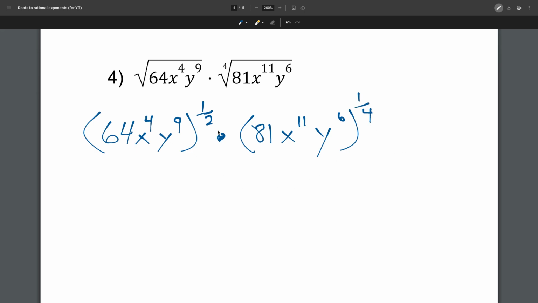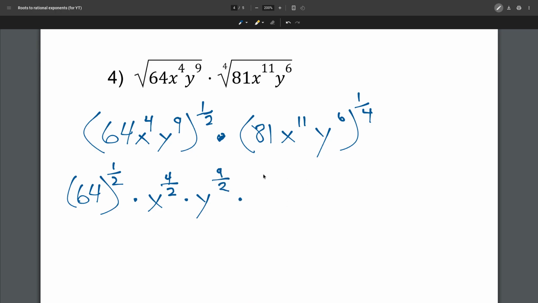Okay, so first we're going to take 64 to the 1/2 power, and then times x to the 4/2 power. I'm going to leave that as a fraction for right now without simplifying it because we're going to want to combine it with the x over here. Okay, times y to the 9/2 power.